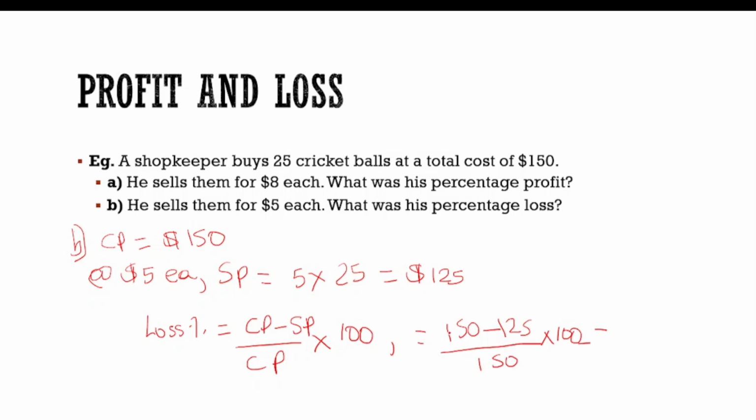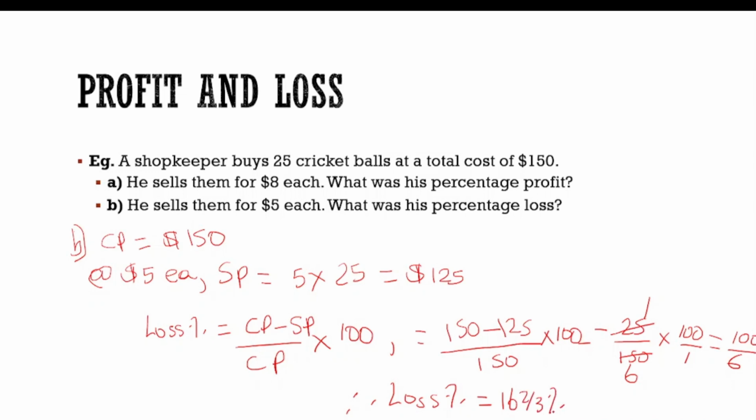And that gives us 150 minus 125, which leaves us with $25 over 150 times 100. 25 goes into itself 1 and into 150 6 times. So that is going to give us 100 over 6. Therefore, his loss percent is equal to 100 divided by 6, written as a mixed fraction, 16 and 2/3% as the loss.